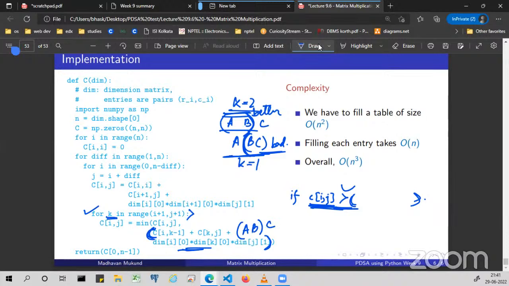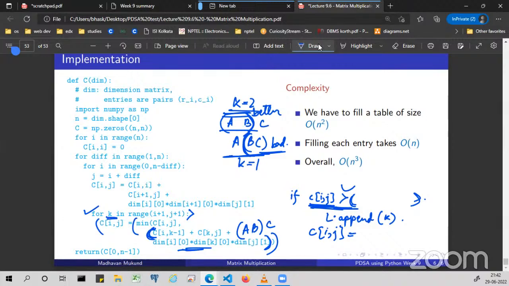If that is the case, let's say I do list dot append, one list I have created, in which I list dot append k. That's it. This is one line which you have to add, and then you simply do the thing which is already done, C i j equal to this. Repeat this whole thing after that. So I just checked whether this particular iteration corresponding to k is actually a minimum value or not. It may not be minimum.